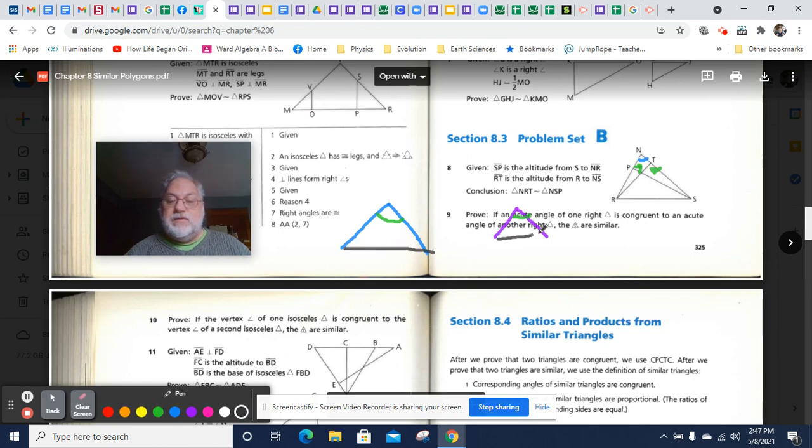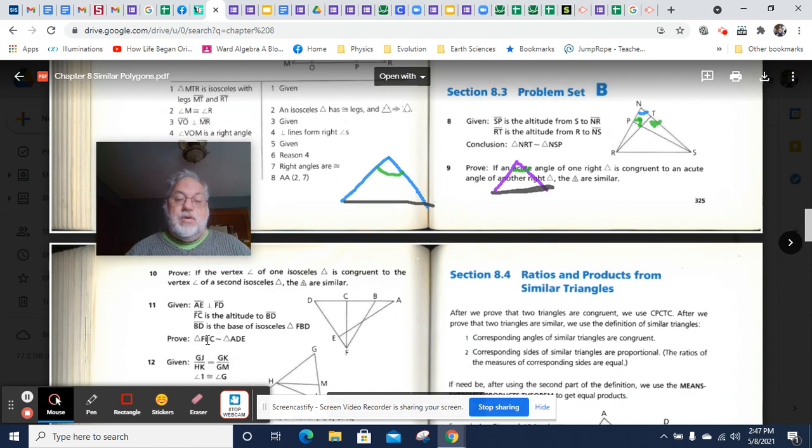My bases are different sizes, but there we go. My two base angles are congruent to each other here, and they're congruent to each other here. Well, we get whatever's left from 180 divided here and here. So by division, you can prove very easily that the base angles will be congruent as well if the vertex angle is congruent. And so you'll have angle, angle, angle immediately, and you're good to go on that.